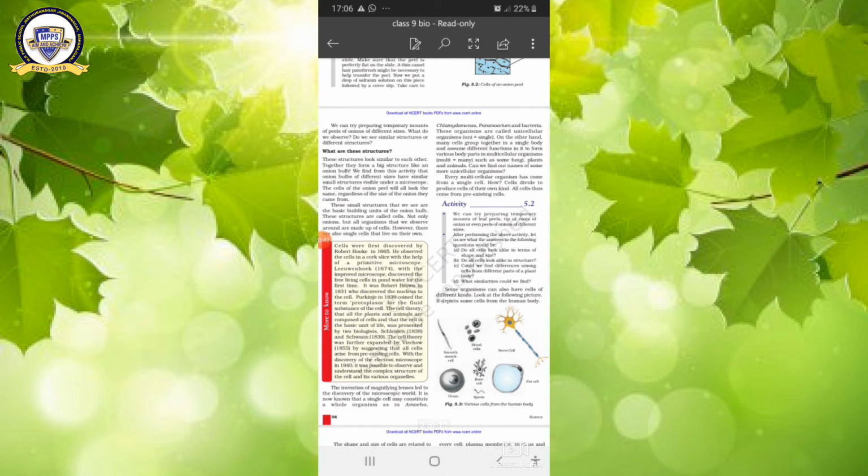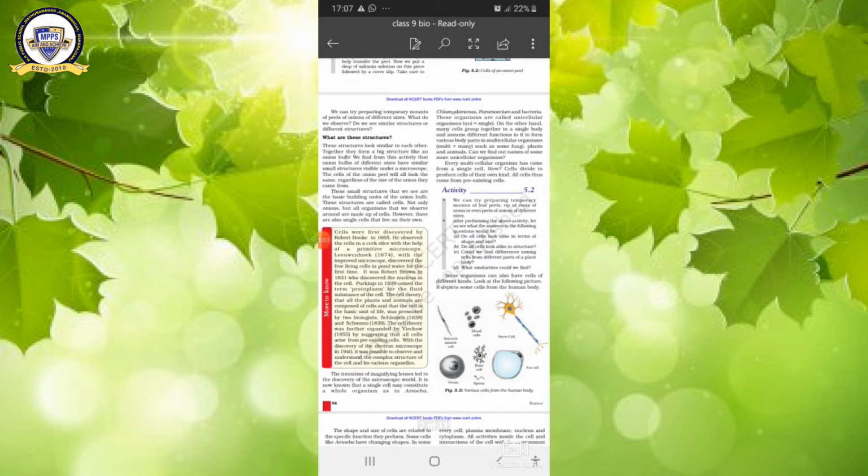The cells of the onion peel will all look the same regardless of the size of the onion they come from. These small structures that we see are the basic building units of the onion bulb. These structures are called cells.